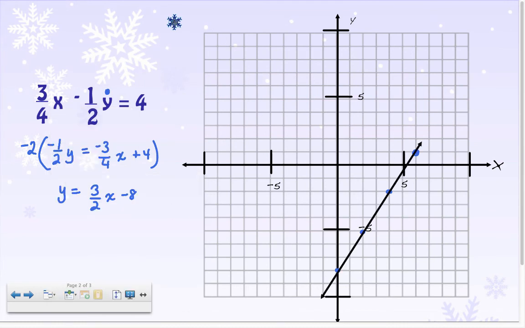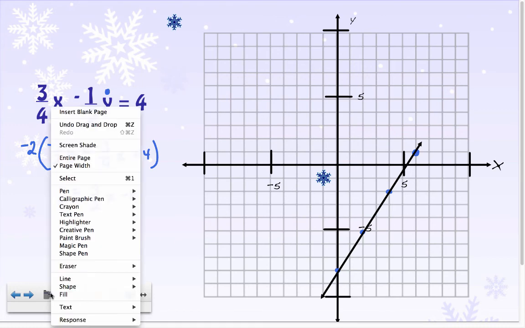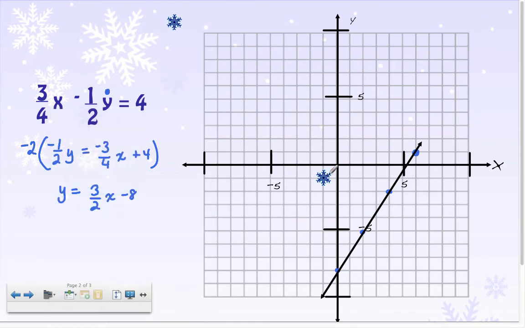All right, so if I were to take this snowflake and it were to gently fall, and let's see where it stops. Obviously, we could say that this point is not on the line, and therefore if we were to take the coordinates of this point, which are (-1, -1), it would return a false value. 3/4 of -1 minus 1/2 of -1.